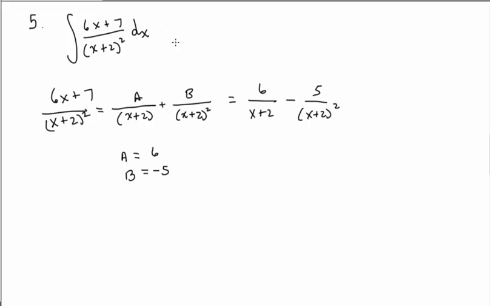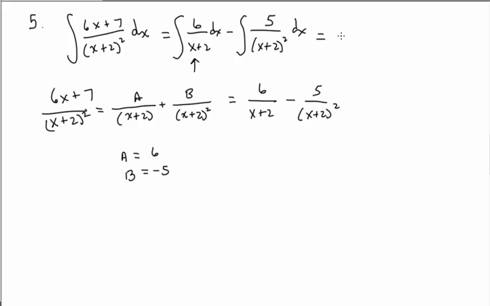Then when we integrate this, 6 over x plus 2 dx minus 5 over x plus 2 squared dx. In the first one, it's going to be 6 natural log absolute value x plus 2.